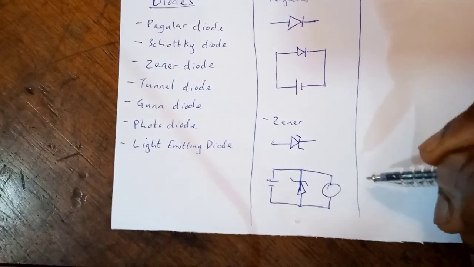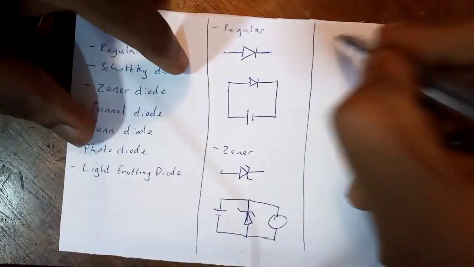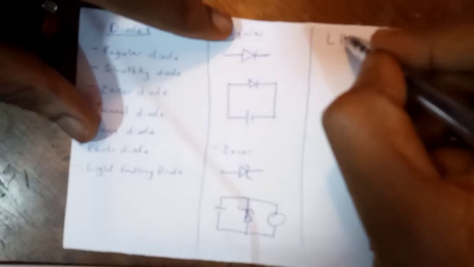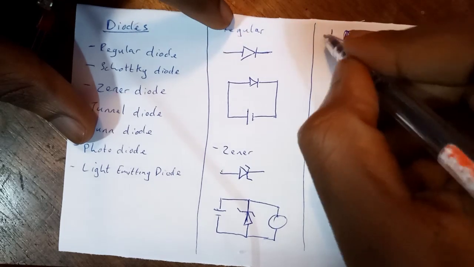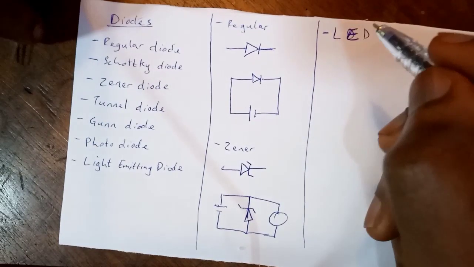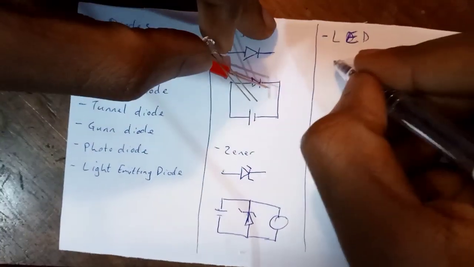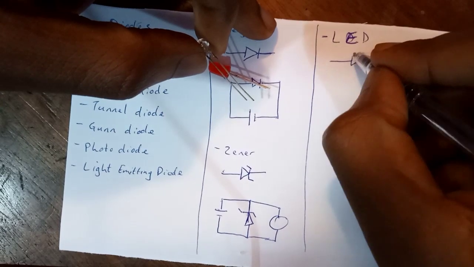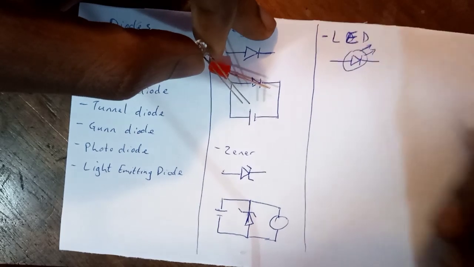Then the last one we are going to show off is the light emitting diode, short LED, popularly known as LED. It comes in different designs. So this is the symbol for it. It's a symbol for light going outwards.